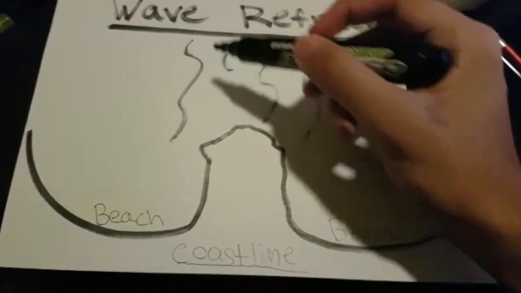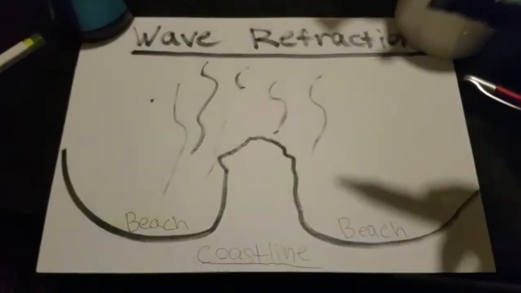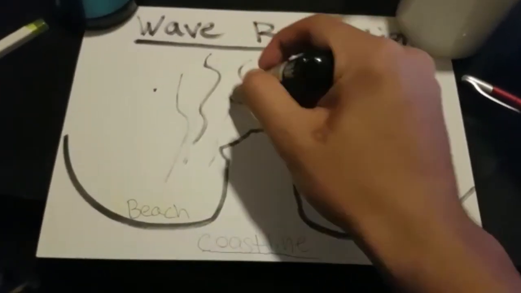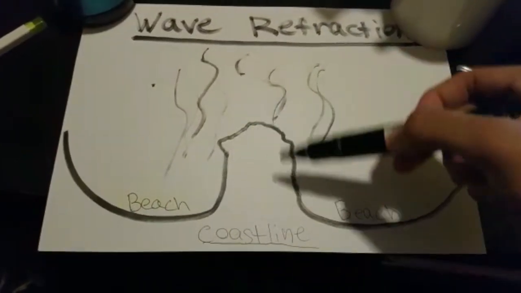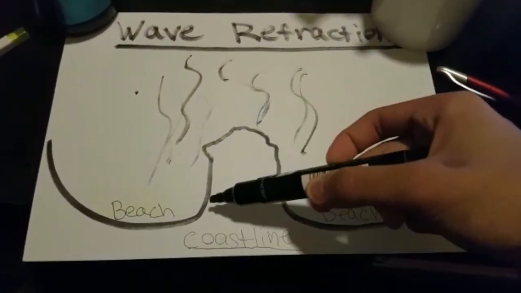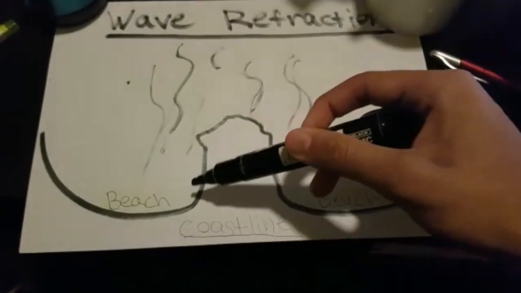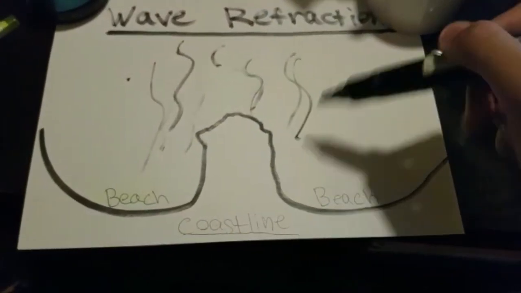Instead of coming straight into the coastline, there's some sort of an obstruction, like a landform, right? As we can see here, there's a beach over here and a beach over here, and we have this rock face, I guess you could call it.